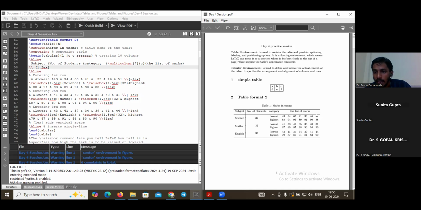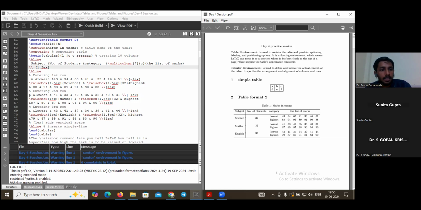That means precisely I need a gap of 1 between these two. What is the purpose of writing this? It is the extra vertical space I need. Otherwise, it will collapse, meaning it will overlap.